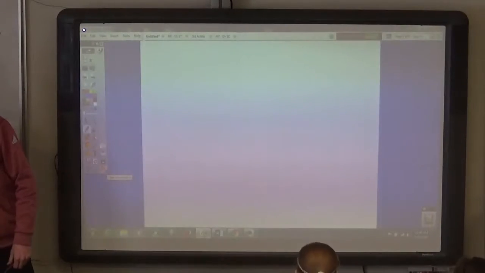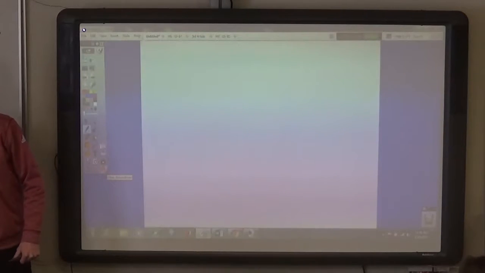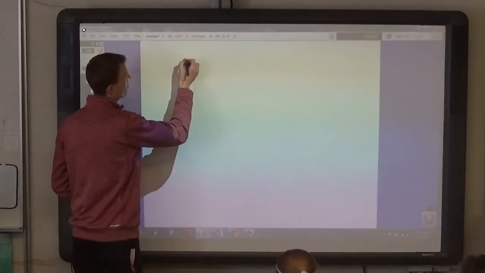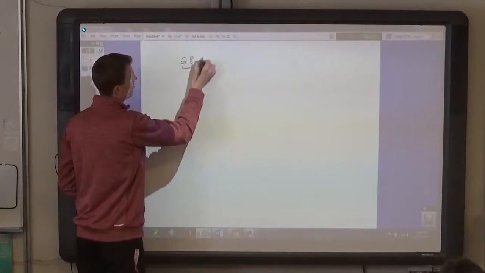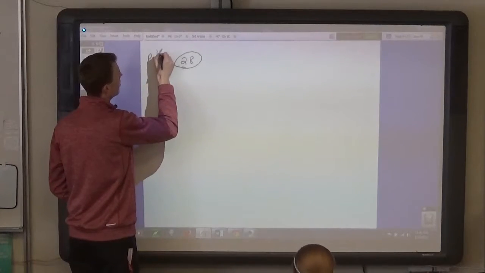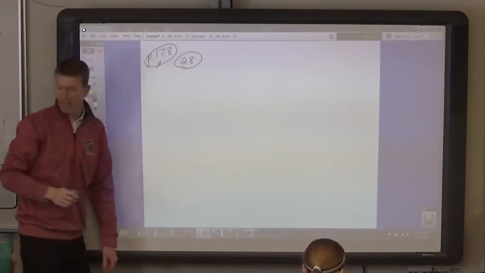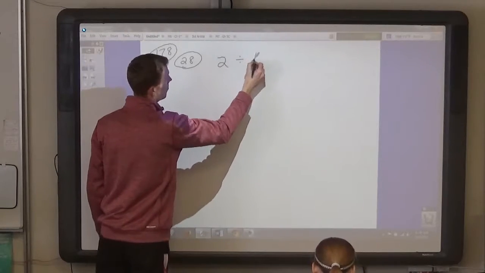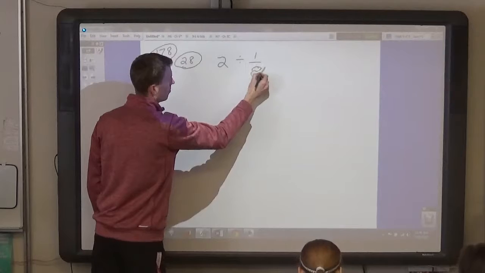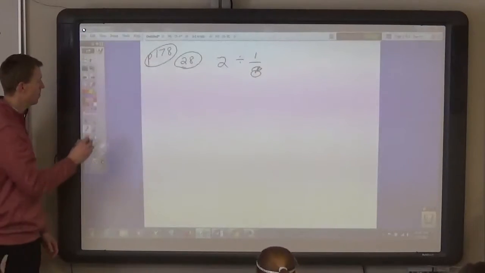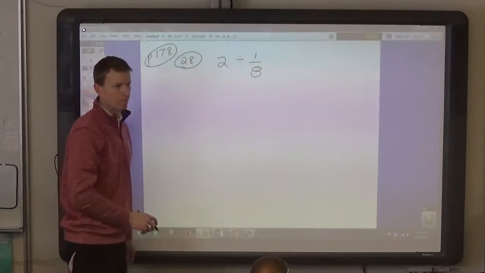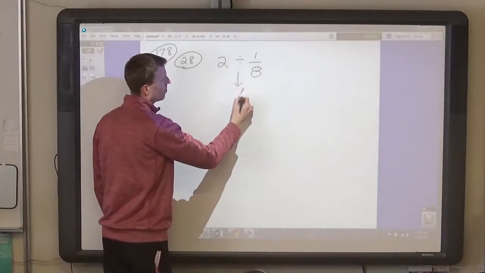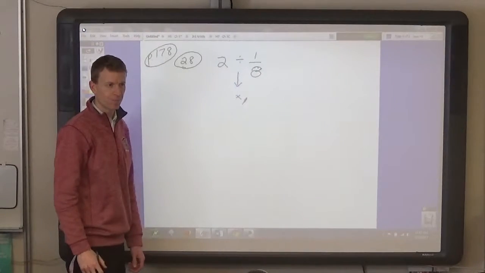On page 178, number 28. 2 divided by 1/8. So, change to multiplication.